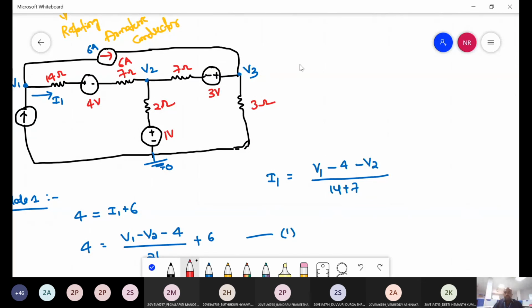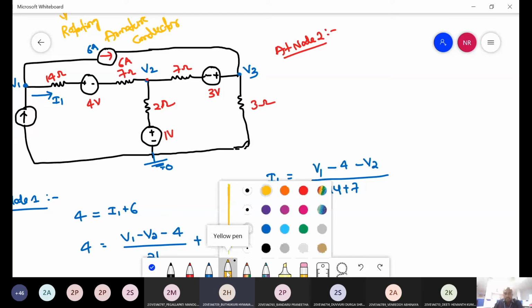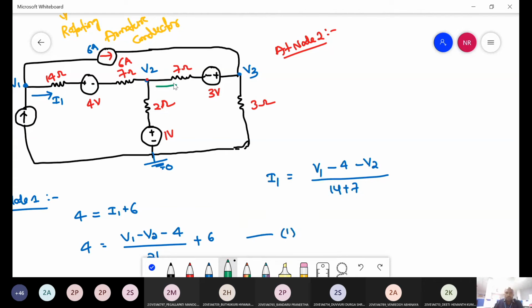Then next, at node 2. At node 2, just observe, here we don't have any current directions. So assume that all are leaving. Right? We already assumed I1, I2, I3.